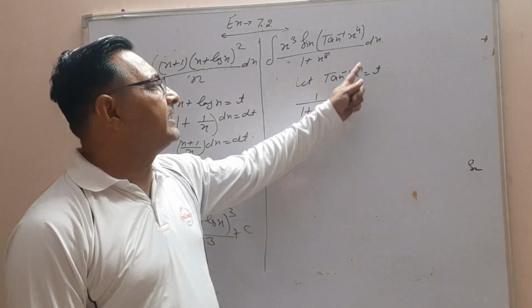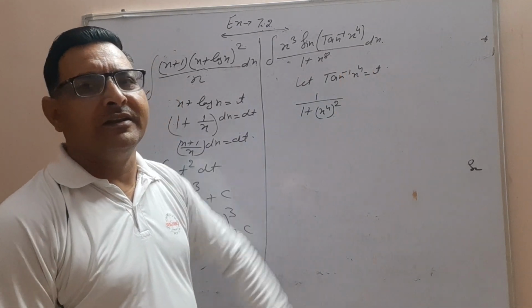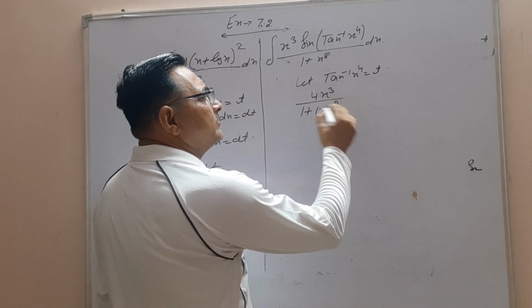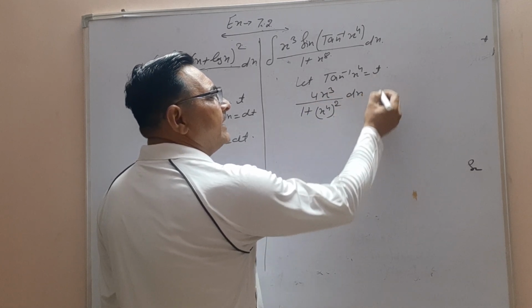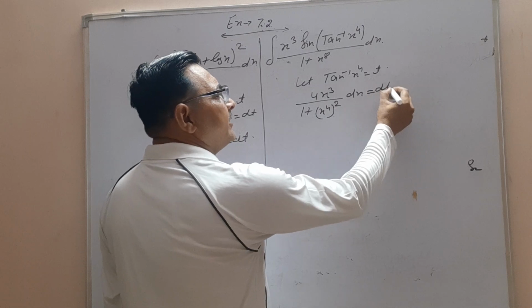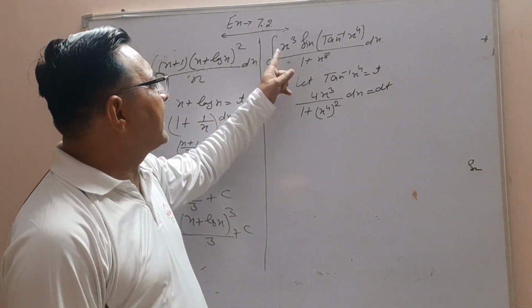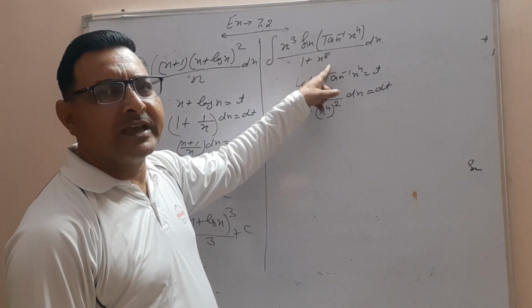Now take the derivative of this angle in the numerator. The derivative of x power 4 is 4 into x cube, and dt by dx, cross multiply, you will get dt. Now look at the statement, x cube upon 1 plus x power 8.